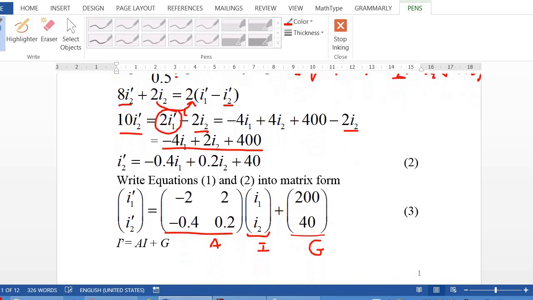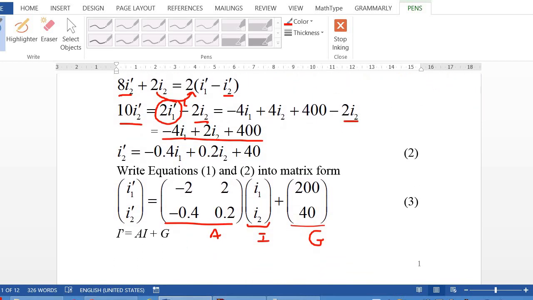So this is a non-homogeneous system because we have the extra vector g here. In this case, the vector g is a constant vector. You may have a case where the vector g is an exponential term or a trigonometric term.